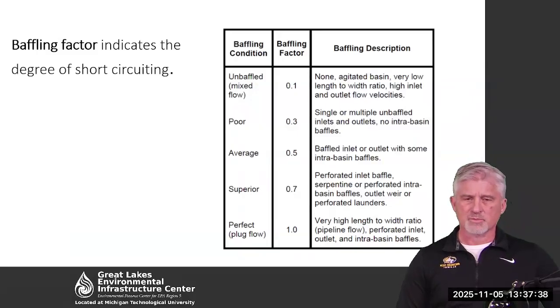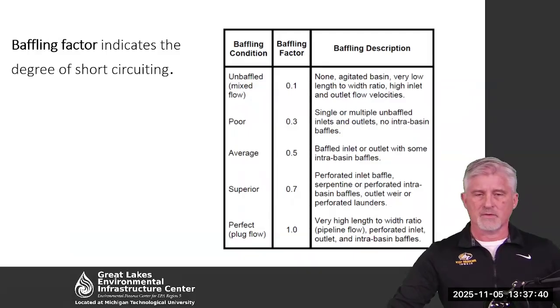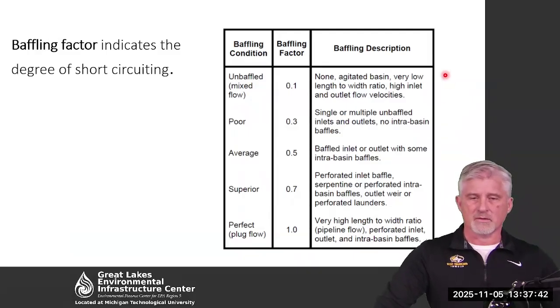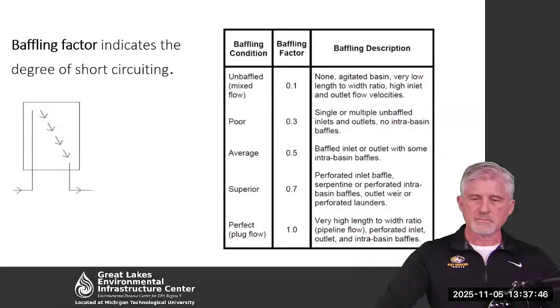And this table puts some information that associates with what the baffling factors might be. This is an example where you've got very little baffling because the water comes in at this point and it could potentially just go straight here. It could just short circuit, not spend a good deal of time in our tank.